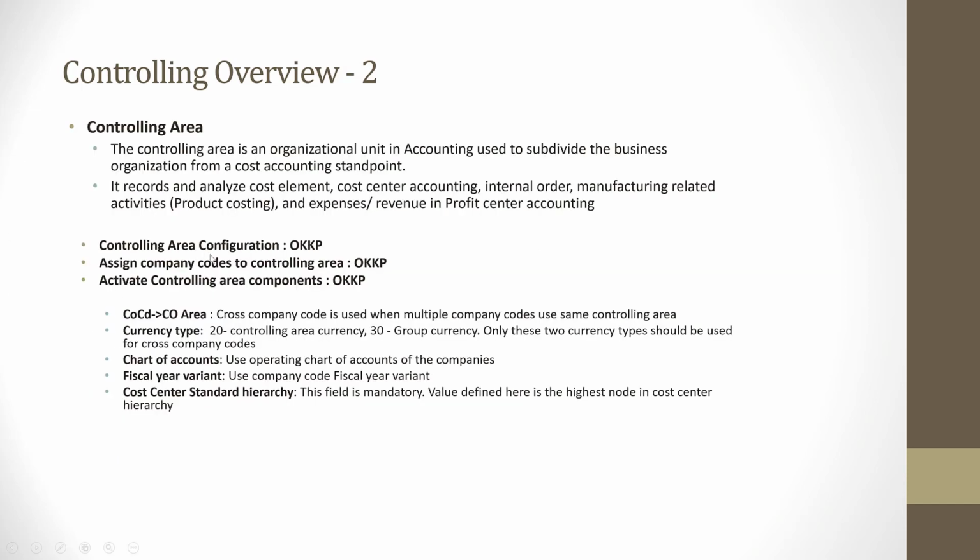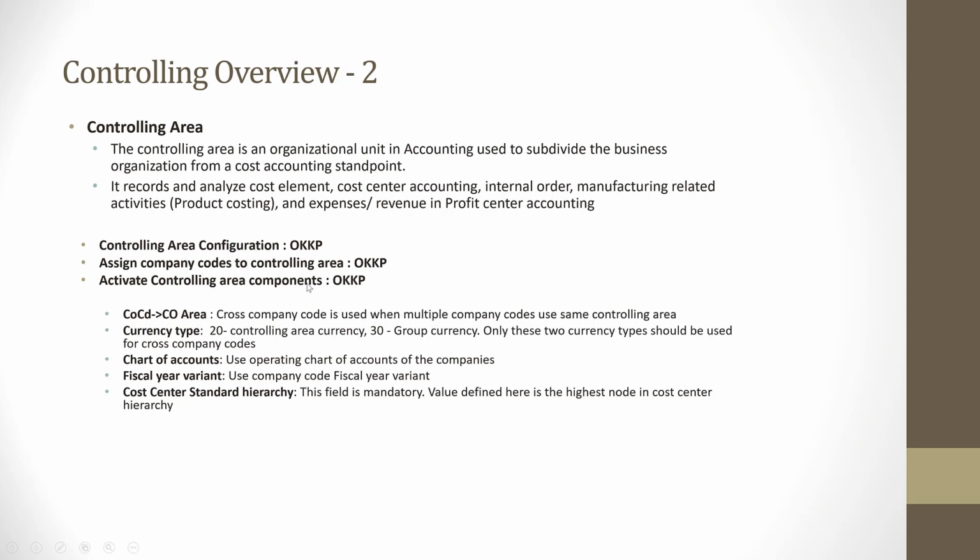So now we will log into SAP and start with creating a controlling area. The transaction code to create the controlling area is OKKP. Once the controlling area is created, we will assign company codes to this controlling area. For the purpose of our scenario, I've already created a company code. This will be assigned to the controlling area.